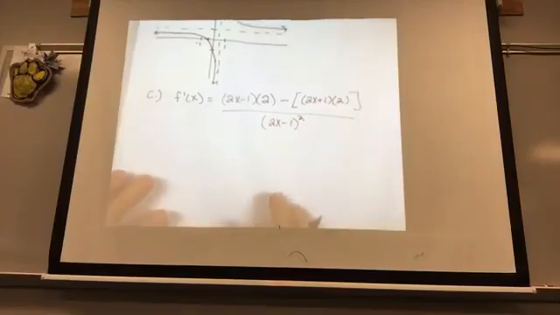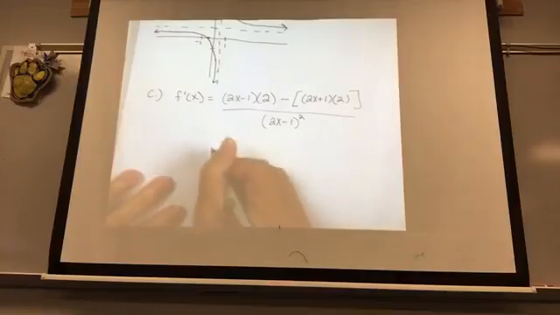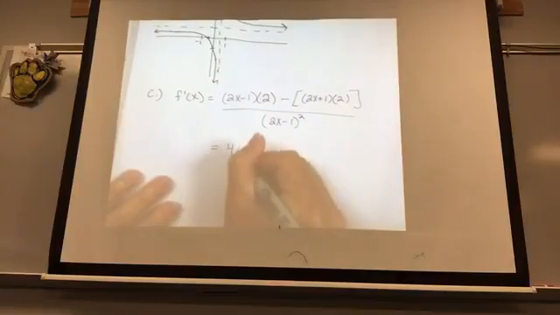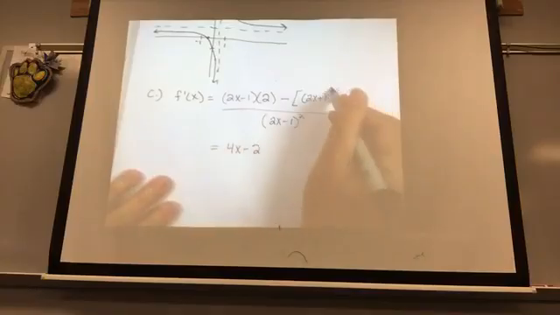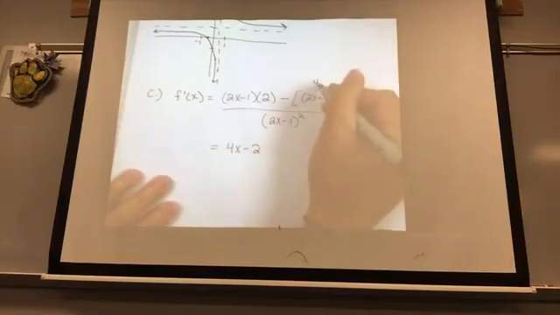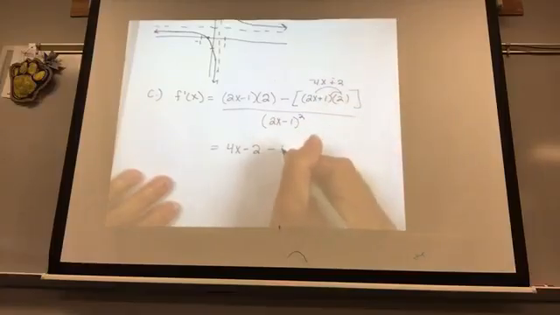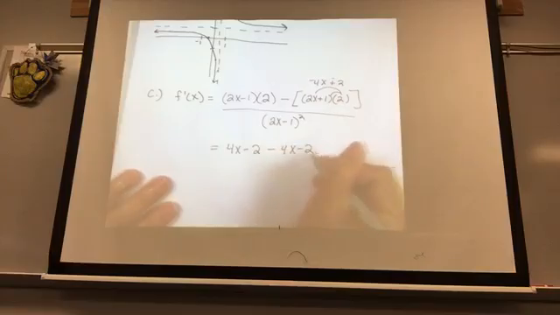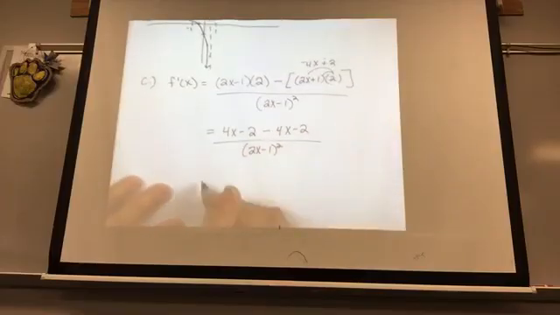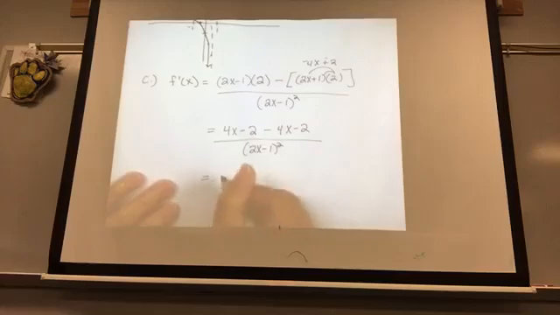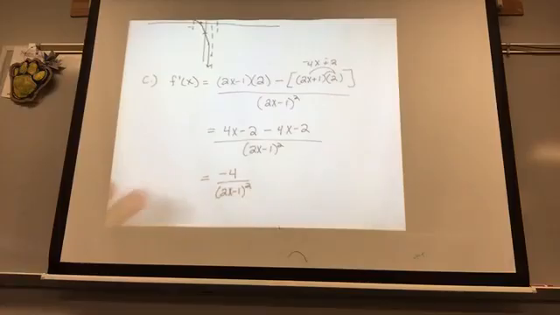Okay, and now simplifying the top, we have 4x minus 2, and then this is 4x plus 2, and so it becomes a negative and a negative, so a minus 4x minus 2 over the bottom squared, which simplifies down to what? Negative 4 over 2x minus 1 squared. Good. So that is our derivative of f of x.